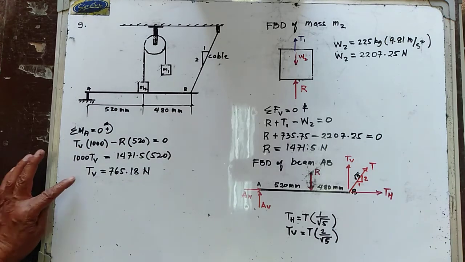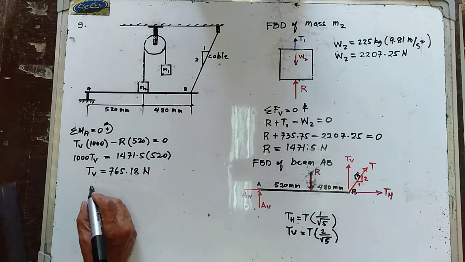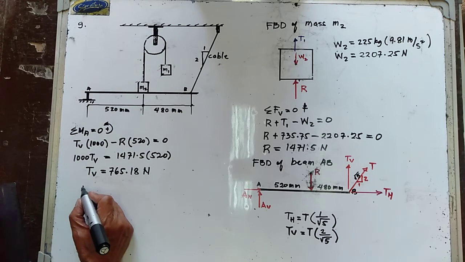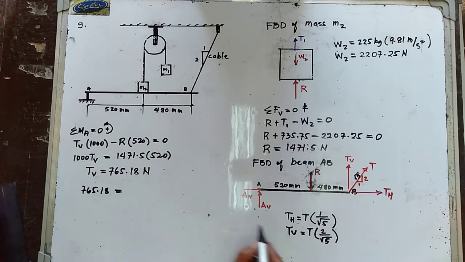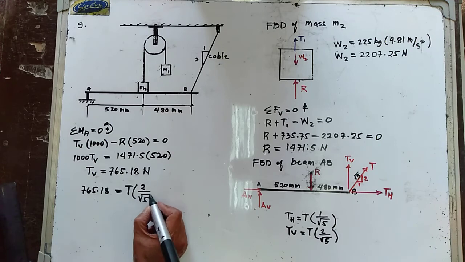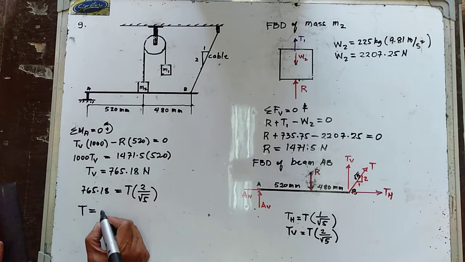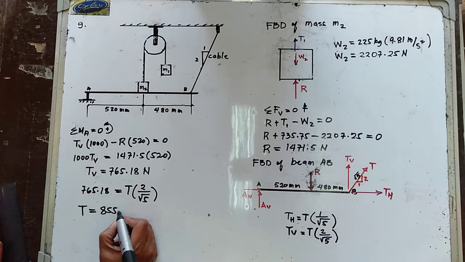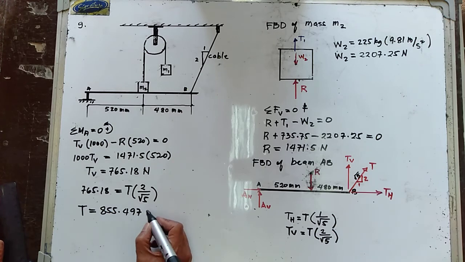So let's try to determine now your T. Your T vertical, 765.18 newtons, is equal to T multiplied by 2 over the square root of 5. Hence, the tension in the cable at point B is equal to 855.497 newtons.